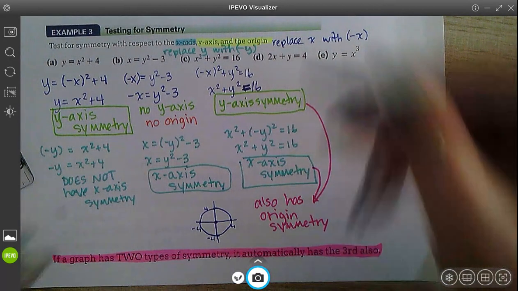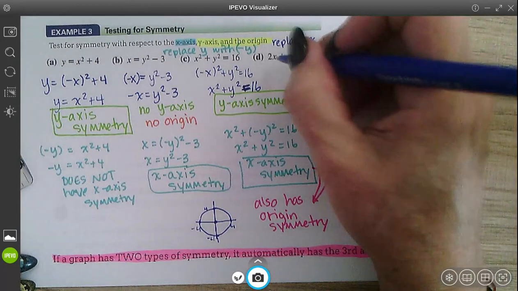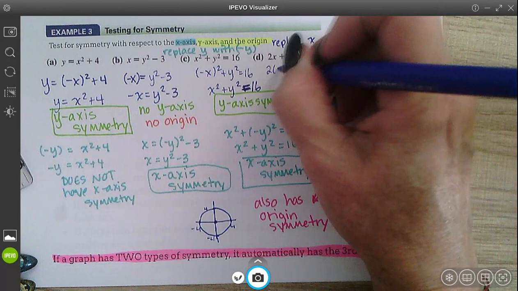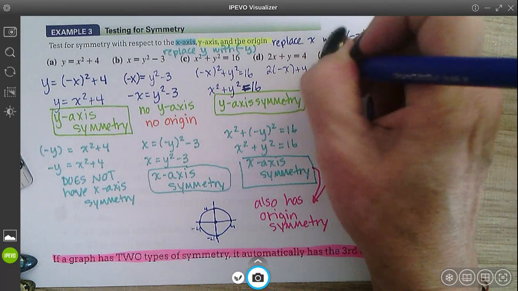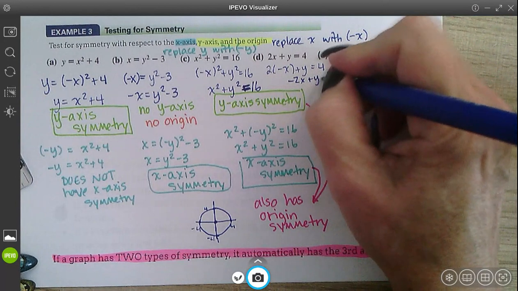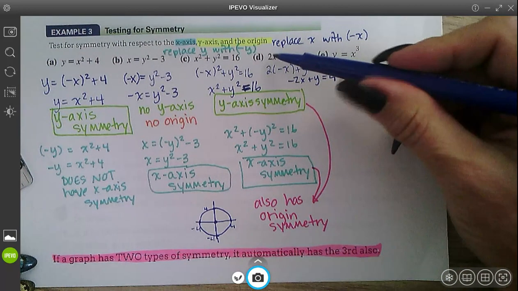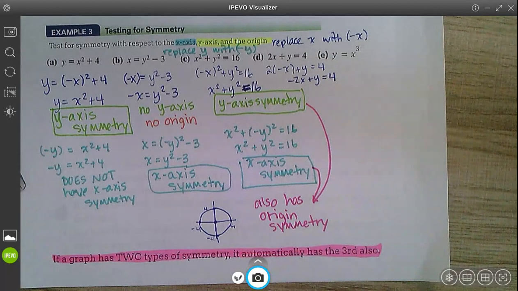Moving on to letter D. Test for y-axis and origin symmetry. So replace x with opposite x. So 2 times opposite of x plus y equals 4. That is negative 2x plus y equals 4. Is this the exact same signs as the original equation?